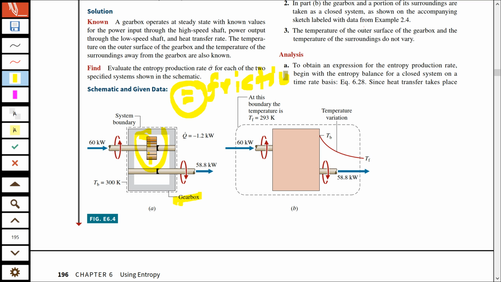So you can now expect some entropy production. Sigma must be produced as a result of the interaction of those two gears. There are other phenomena, of course, in the gearbox. There may be cooling fluid, and so on. So there are many irreversibilities possible here.